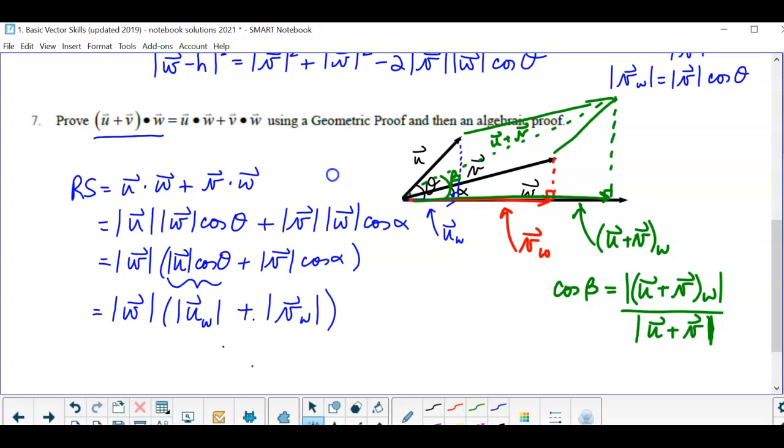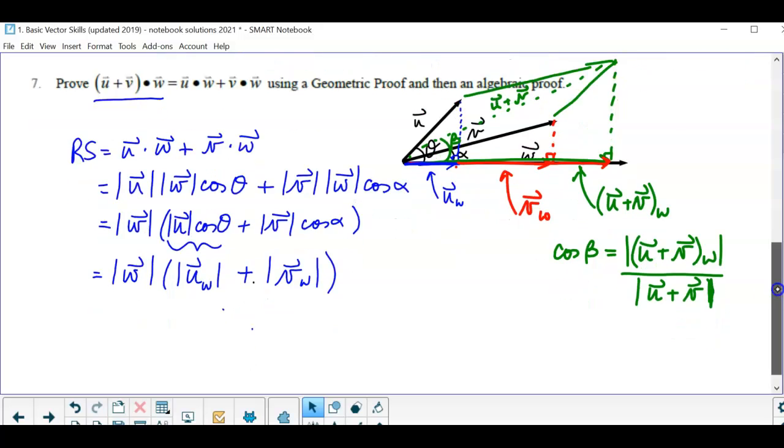Okay. And these together, take a look at the magnitudes of each of these. The magnitude of the projection of U, if I take that and the red underneath but put it tail to tip, it's going to get you the same as the projection of U plus V on W. So it's basically the same parts added together.